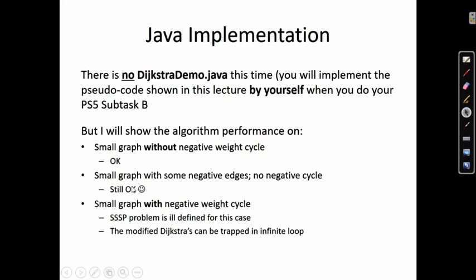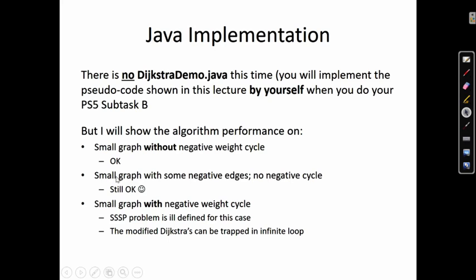Yes, but for certain graphs, modified Dijkstra might run in exponential time. Okay, might. But in practice, it's hard to hit this kind of case unless it's purposely constructed, like what we did, the sawtooth.